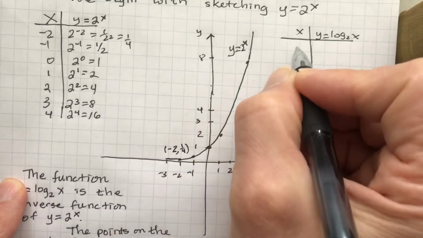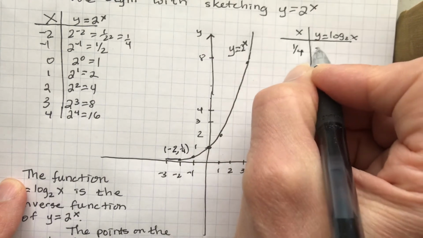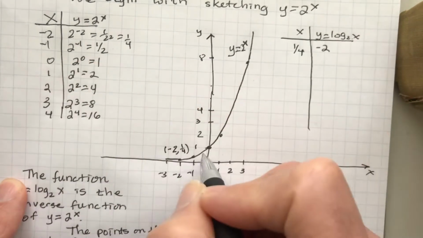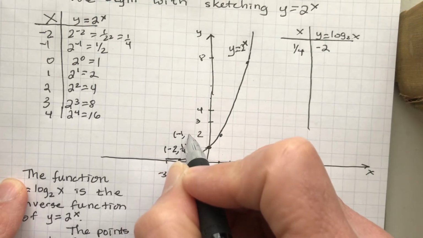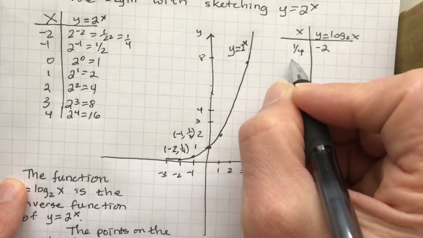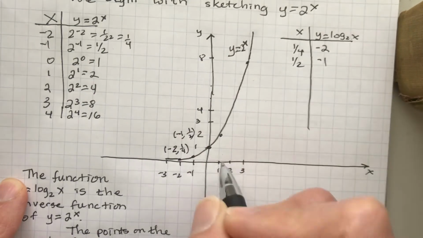And I'm going to swap those. Then I have negative 1, 1/2, and I swap those. So I change the order.